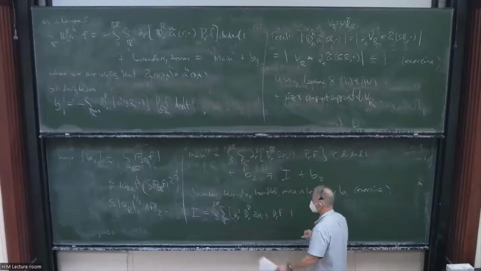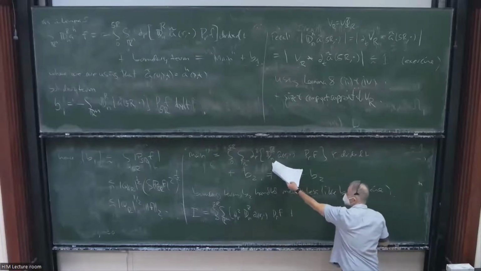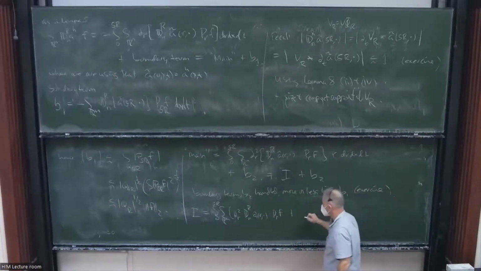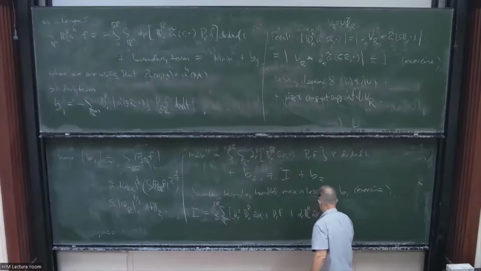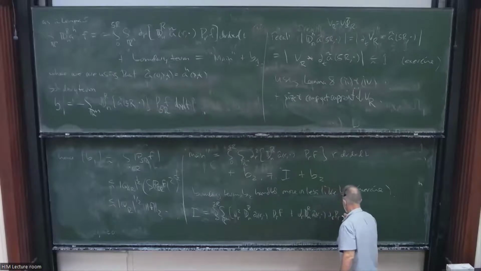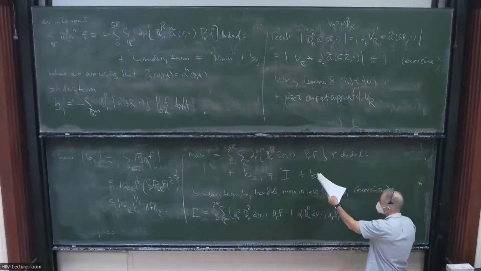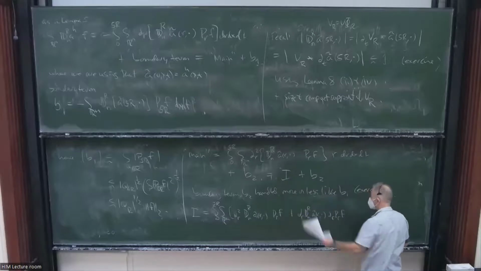There's going to be another term where there's one R derivative here and one R derivative here. And finally, there's going to be a last term where both R derivatives land here.